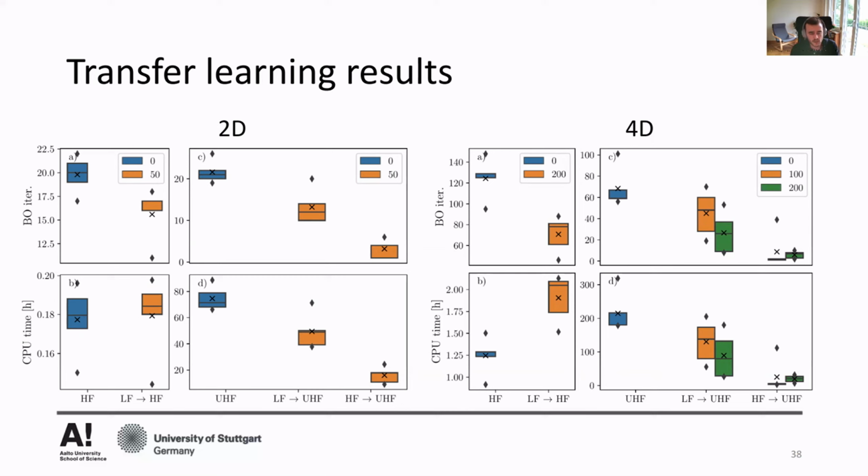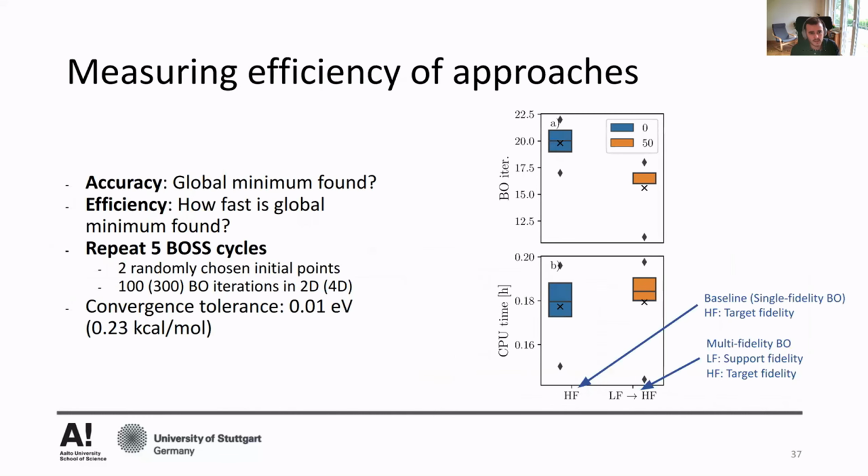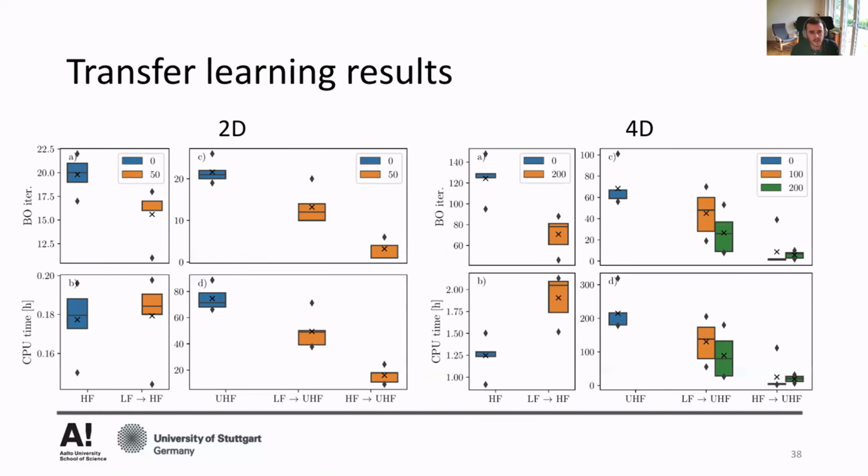What I forgot to mention in this plot was that this 50 in the legend refers to using 50 points at the initialization step of the transfer learning experiment. So, back to the transfer learning experiments: in 2D, I tested 50 points for the initialization, and in the 4D experiments, I tested 100 points and also 200 points for the initialization.